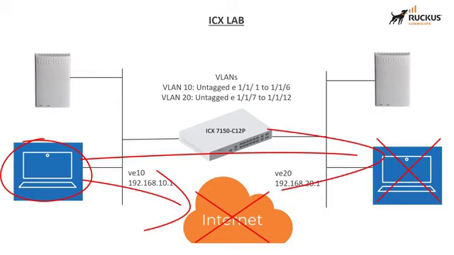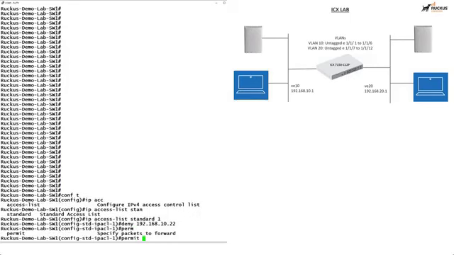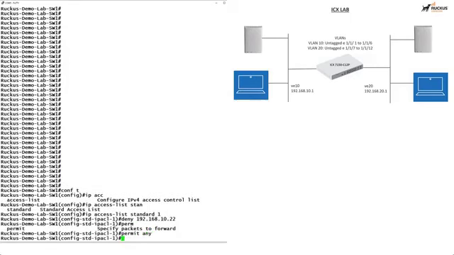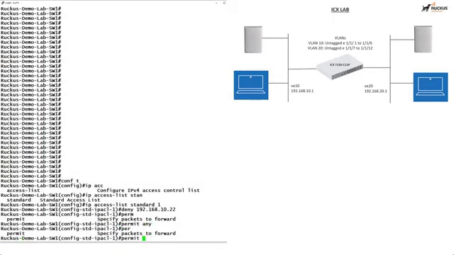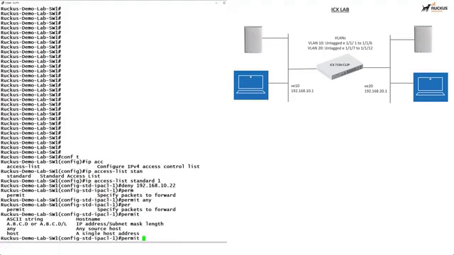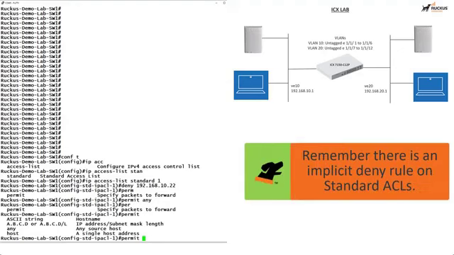Now, to continue with the configuration, we now need a permit rule, and I'm just going to use permit any. If I use the question mark with permit, we can permit a DNS host name, an IP address, or an entire subnet, or permit any, the one I've used, or even a single host IP address.